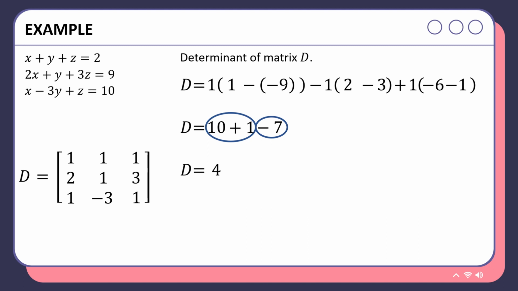So the determinant of matrix D is equal to +4.